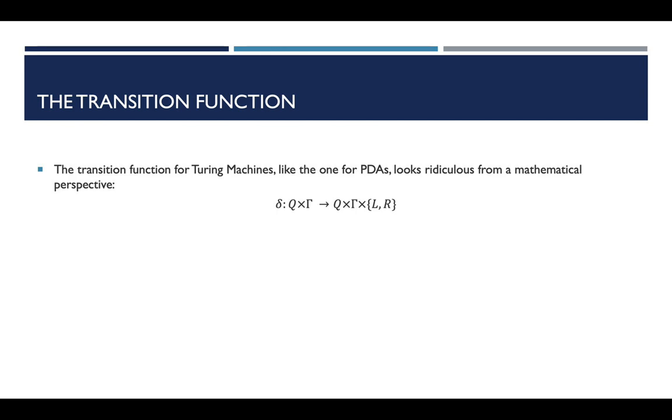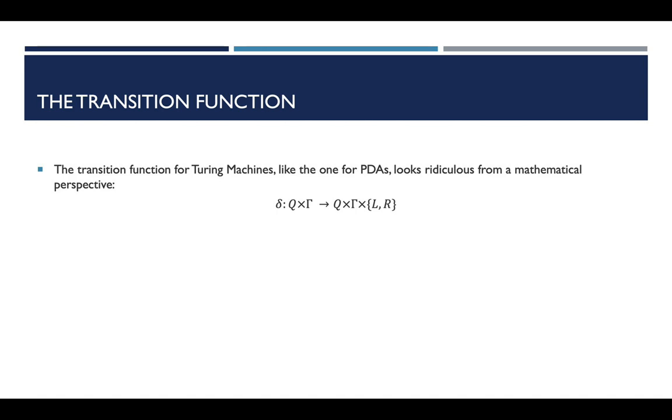We have some function that takes us from the Cartesian product of our states and our tape alphabet to the product of that same space with a set of moves, effectively.